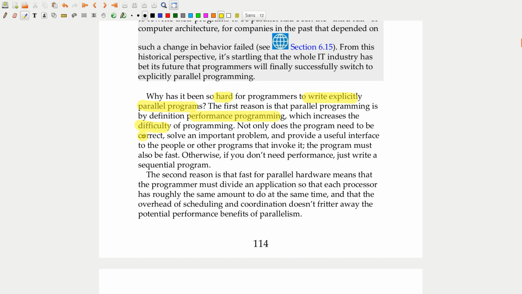The program needs to be correct, it needs to solve an important problem, and it has to have a useful interface to the people or the other programs that invoke it. Ensuring these things is really hard sometimes.